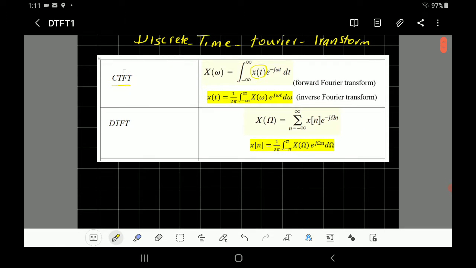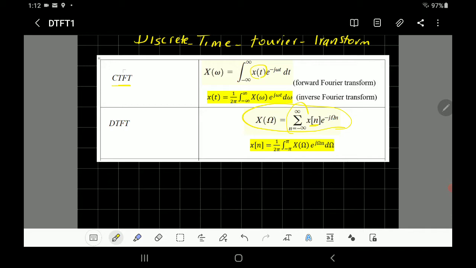To do the Fourier transformation, that's the equation we're going to use. Of course, once you work in discrete time, you use summation instead of integration. So you have the summation from minus infinity to infinity of x of n, the discrete-time signal or sequence, multiplied by e to the minus j omega n.